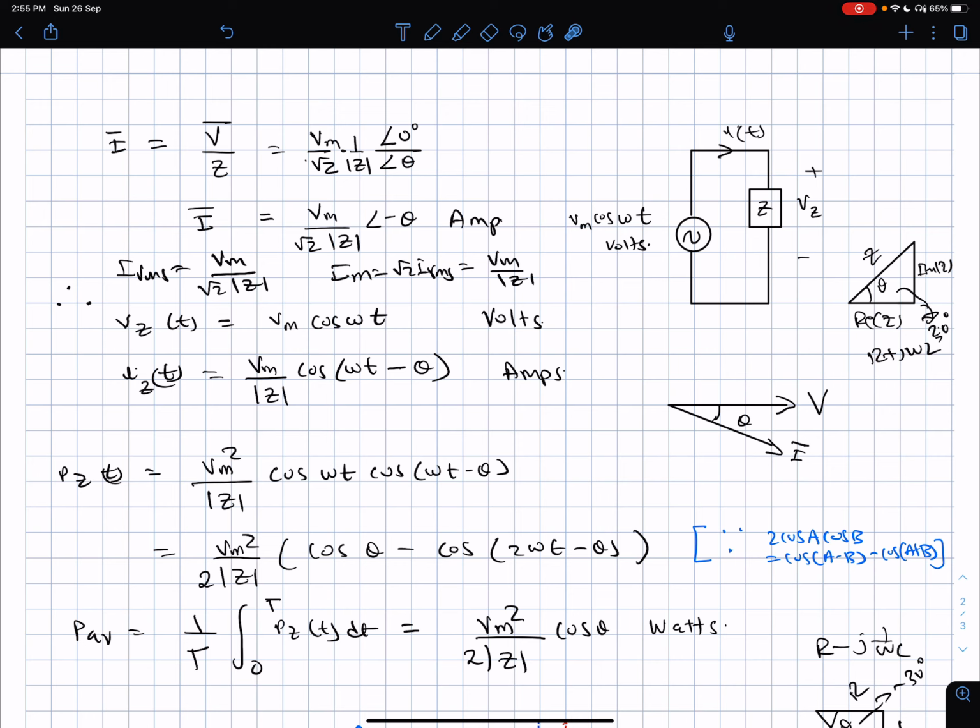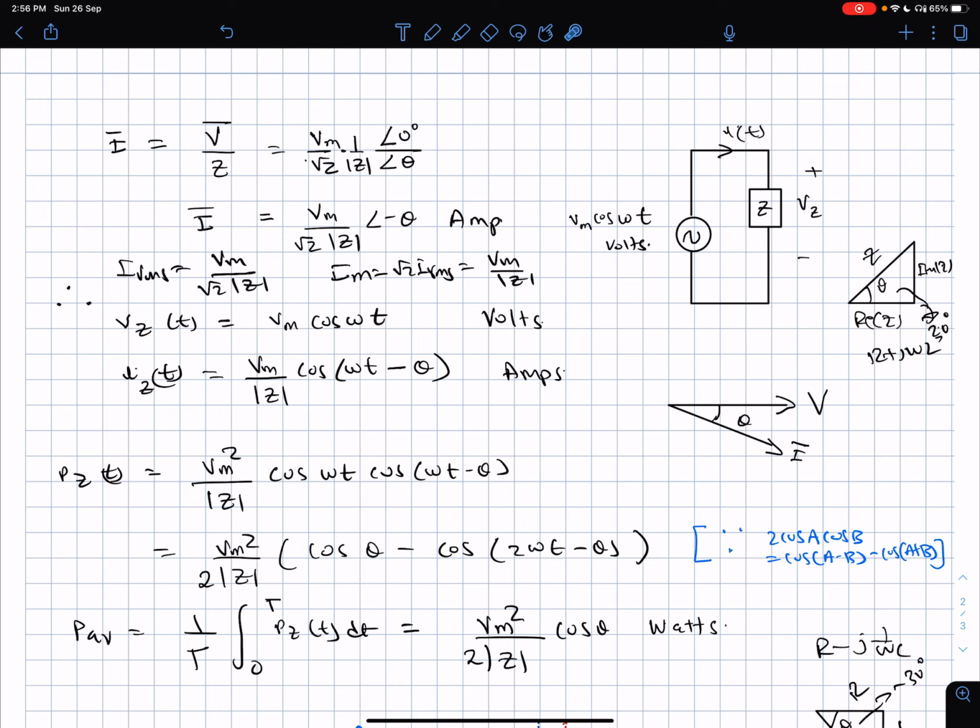If you want the RMS value of the current, take the RMS value of the voltage, which is Vm by root 2, scale it by the magnitude of the impedance, and you will get the RMS value of the current. So peak to peak the scaling factor is the magnitude of Z, and RMS to RMS also the scaling factor is the magnitude of Z.